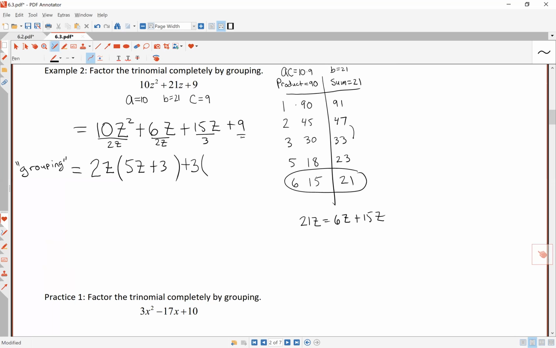Dividing both by 3, 15z divided by 3 is 5z, and 9 divided by 3 is 3. We have produced a common binomial. We factor it off to the right-hand side: one factor of 5z plus 3, and the remaining pieces are 2z plus 3. So the answer is 2z plus 3 times 5z plus 3.